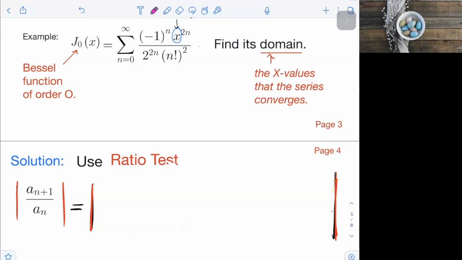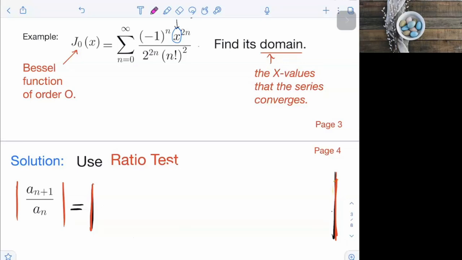Now remember, let me write this down. This is (-1)^n x^{2n} over 2^{2n} (n!)^2, summed from 0 to infinity. So this one over here is a_n.